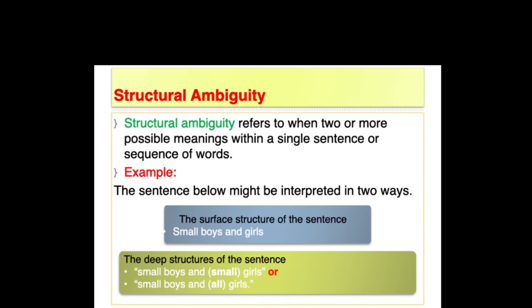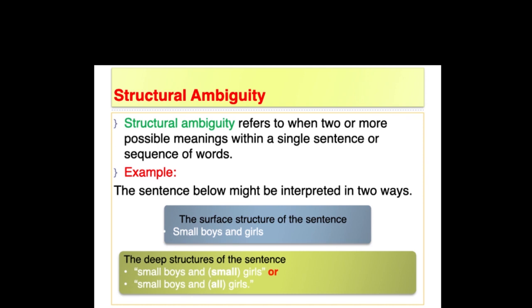For example, here, the surface structure of the sentence is "small boys and girls". Now, in this "small boys and girls", we have coordination between boys and girls, and we have small as an adjective. With this coordination, we either understand that it means small boys and small girls, since we have coordination, or we might say small boys and all girls.